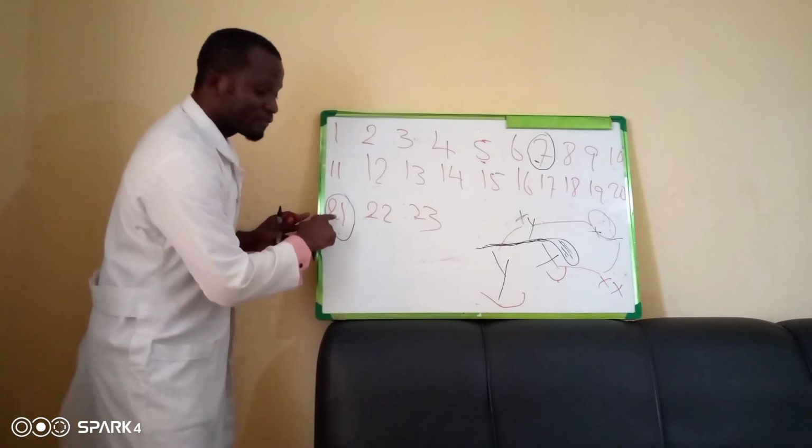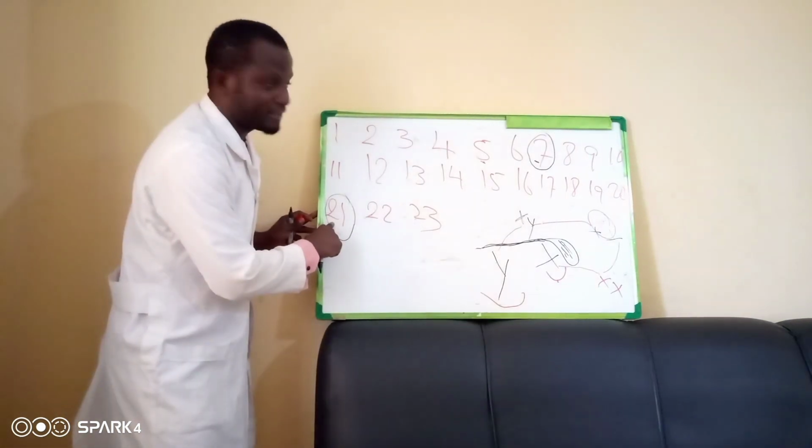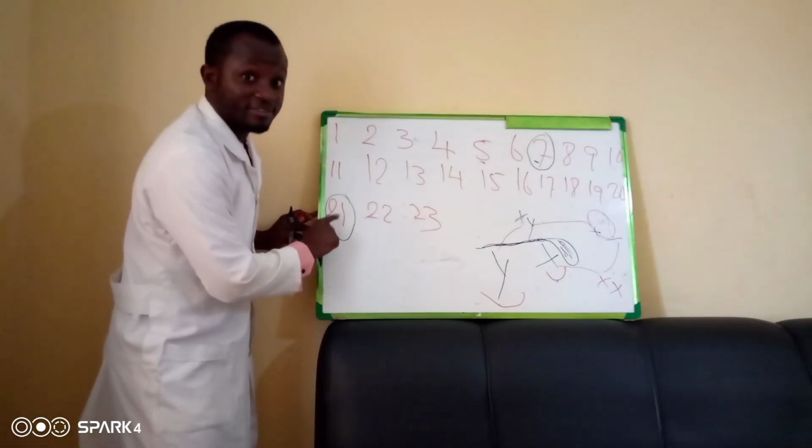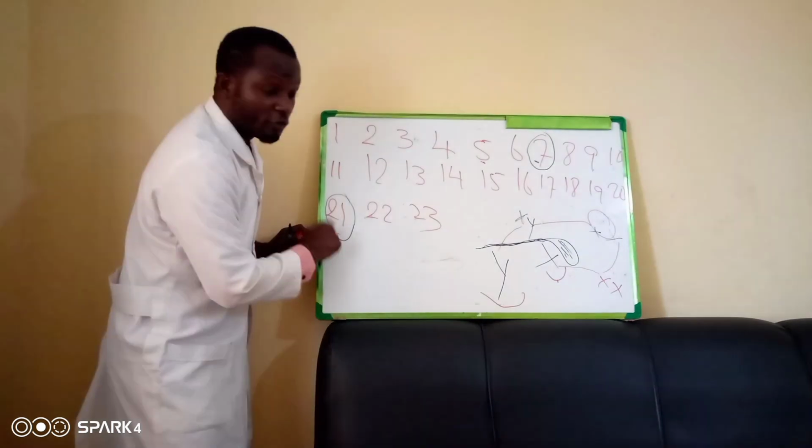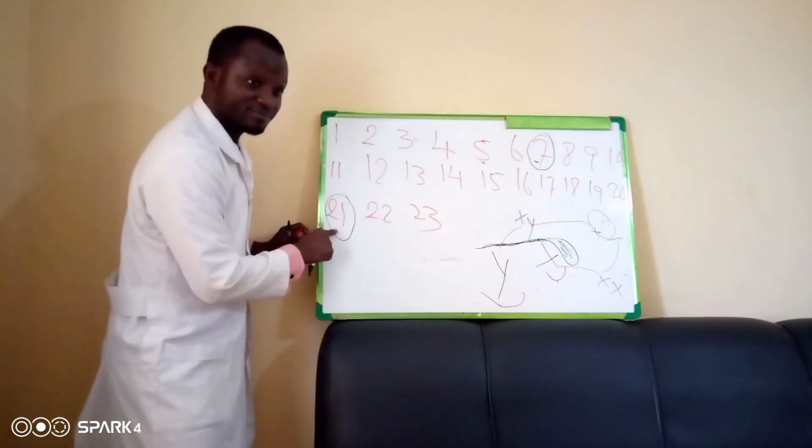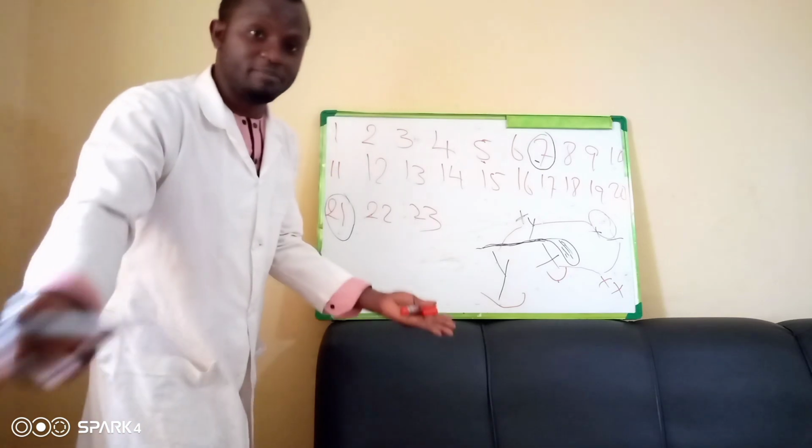If you have a 35-day cycle, sorry, your ovulation occurs on day 21, and it will mean the same thing.